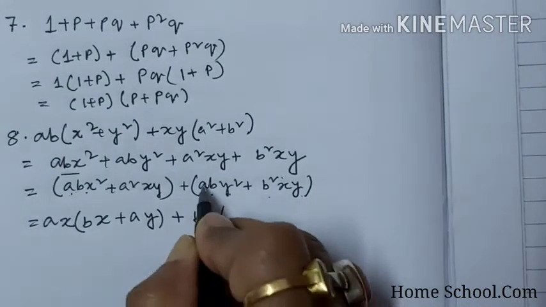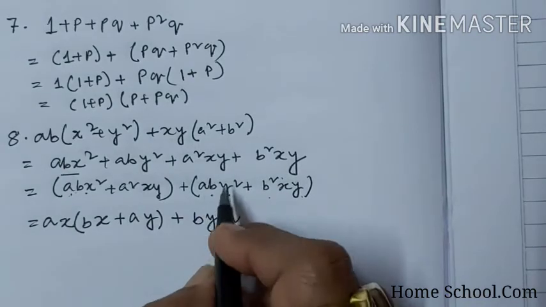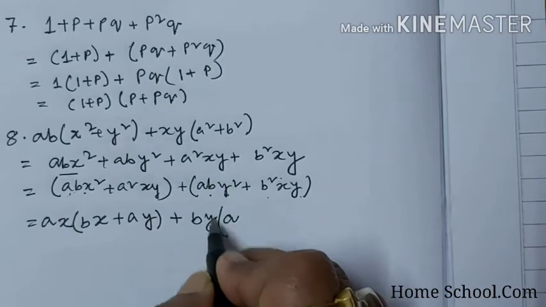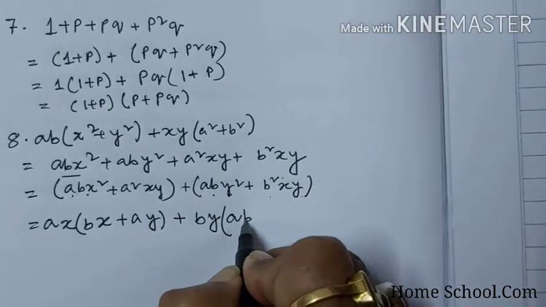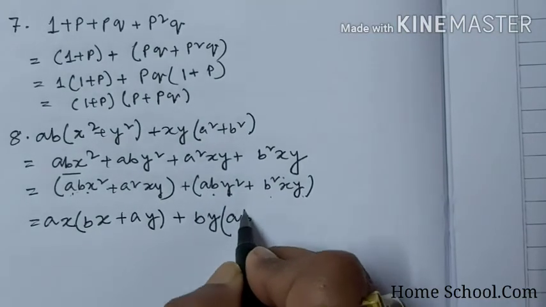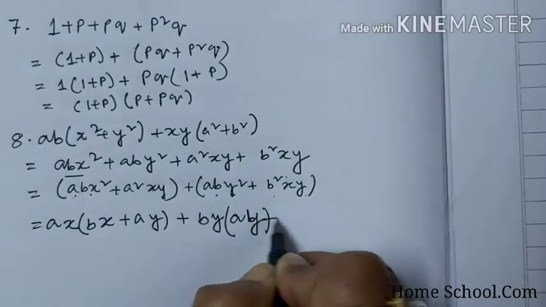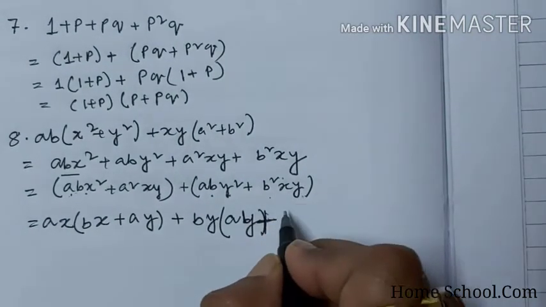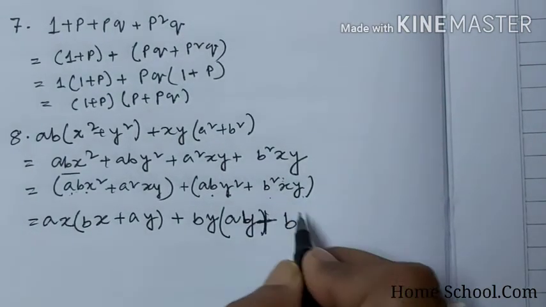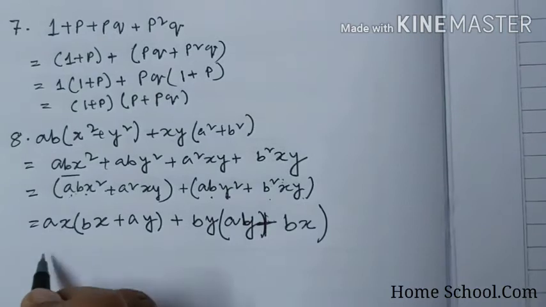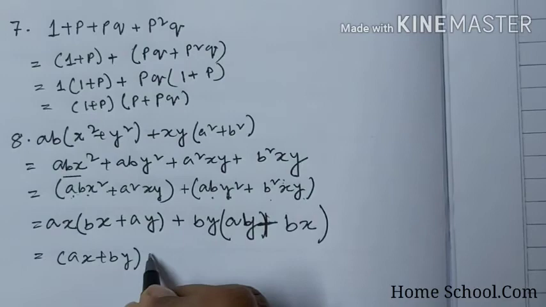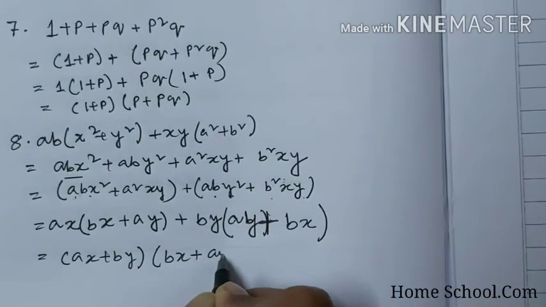So you take by, and what is left over is a, and here a is left, b is not common, so y is left, ay. Plus here, bx: one b is gone, b and x are there, y is not there. So the answer is (ax plus by)(bx plus ay).